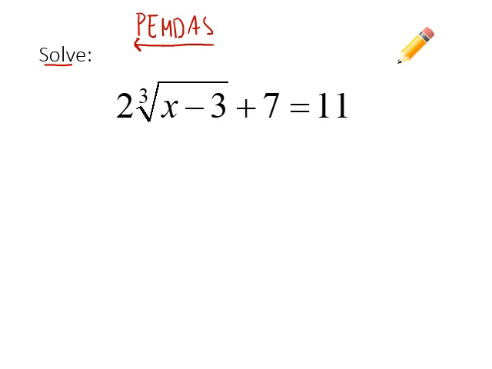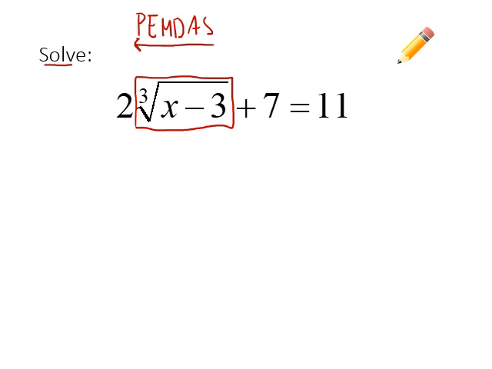My end goal is to get x, but before I do that, I have to isolate this root symbol. I have to get that root symbol alone. Then I can get rid of it using its inverse of an exponent.